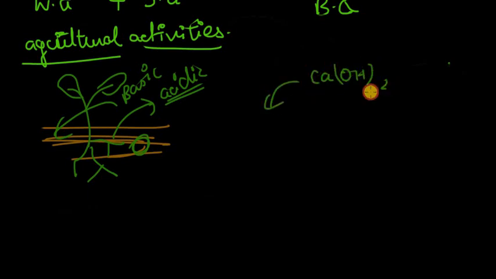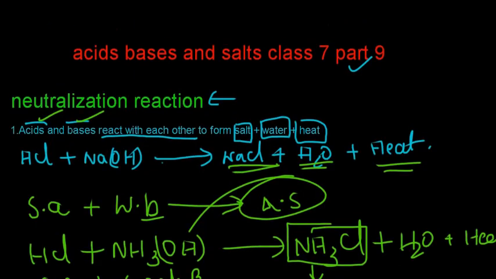Calcium hydroxide is a base, and when it comes in contact with acid, it neutralizes it. The basic substance is added to decrease the acidity in the soil so that the plants grow well. So this is neutralization.